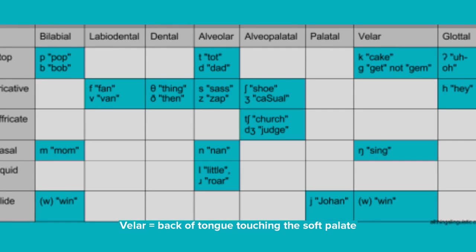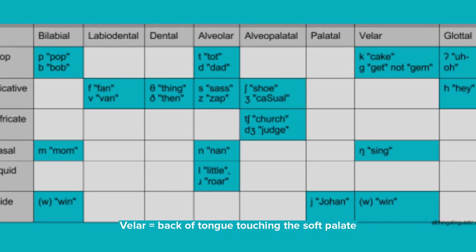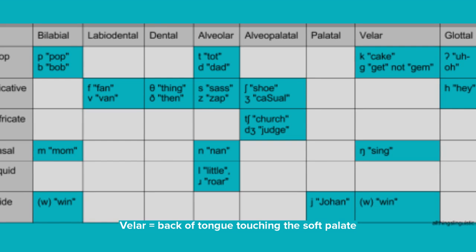Velar sounds are those that are made using the back of your tongue and the soft palate, which is where, if you feel in your mouth, the skin is soft behind the bone. So these sounds are also important to English to have distinction, like k and g, cake and get, or the nasal sing, or the glide w.